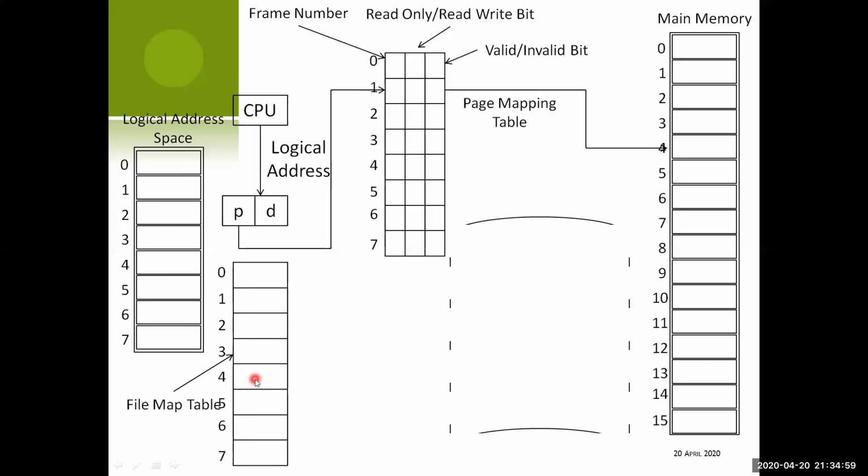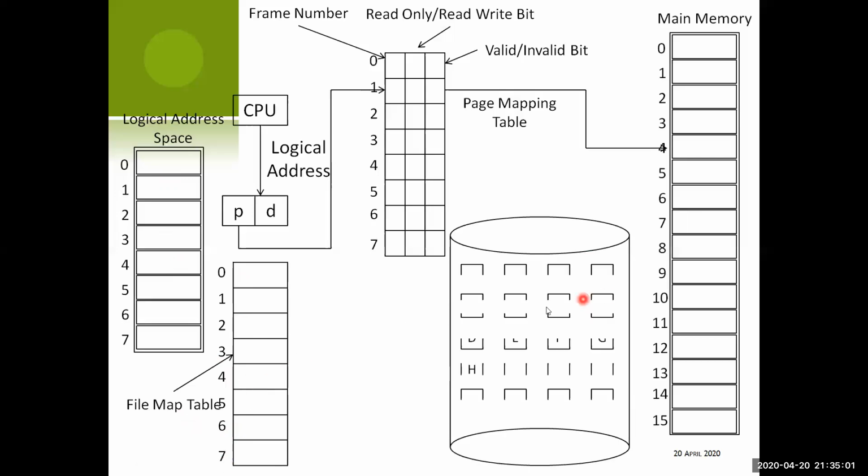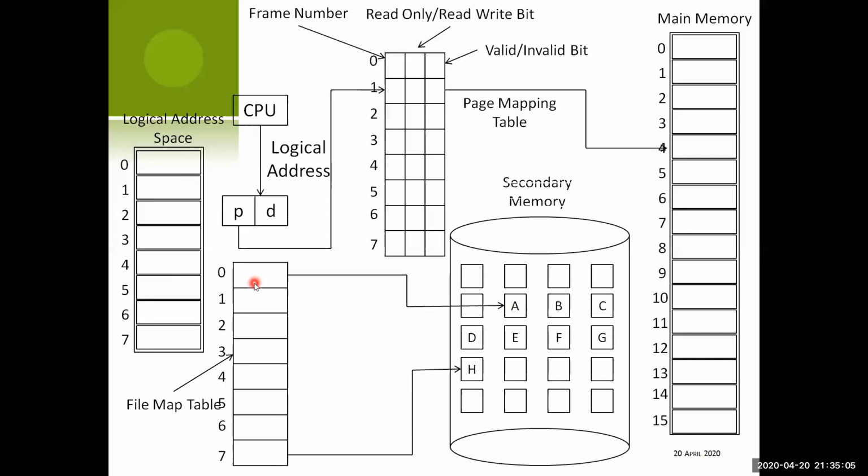This represents where these pages are located in the secondary memory. If I am talking about this index position, page number 0 is located at this position in secondary memory. Similarly, page number 7 is located at this particular memory location in secondary memory.